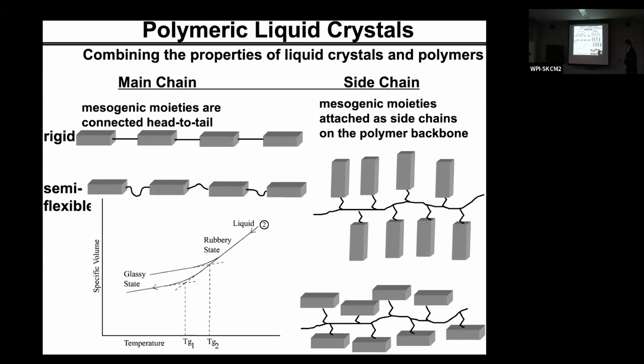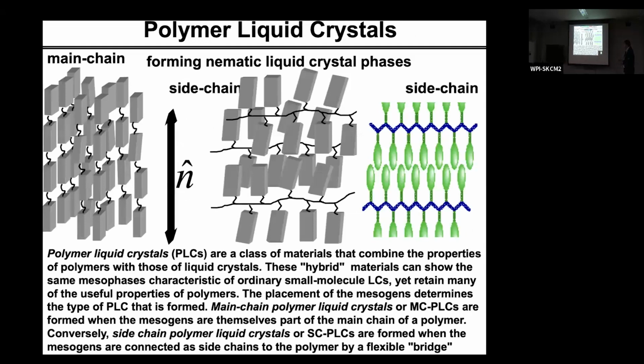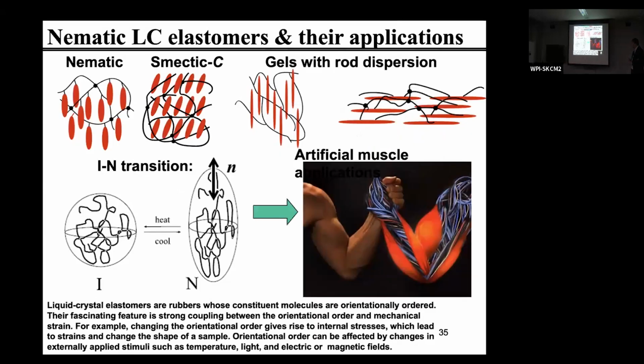So depending on molecular weight and the types of these repeat units, you could have them behave as solid or liquid, right, while exhibiting that orientational ordering. But as I already mentioned, from the standpoint of structure, everything that we have seen for small molecule liquid crystals can also be found in here.